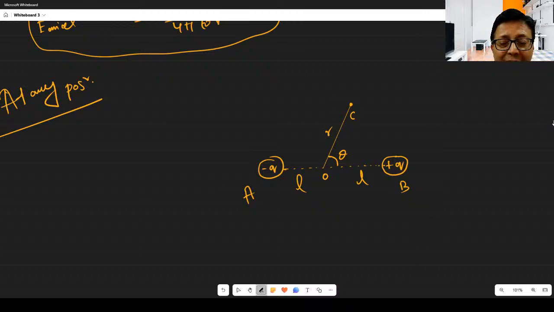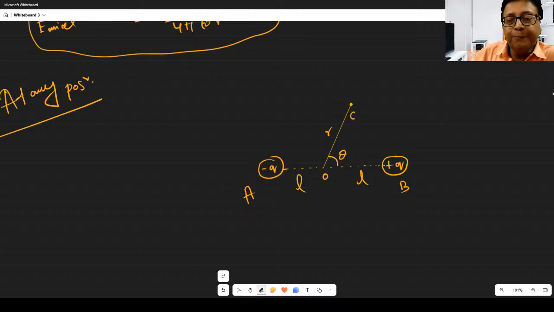First you have a diagram. Due to minus Q. No, don't take this way. This will be more complicated. I am telling you one easier way to do it. What is that?